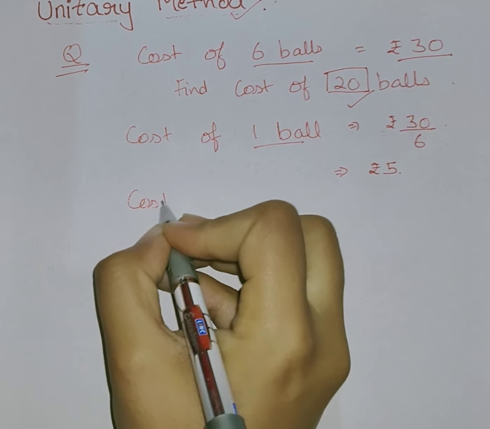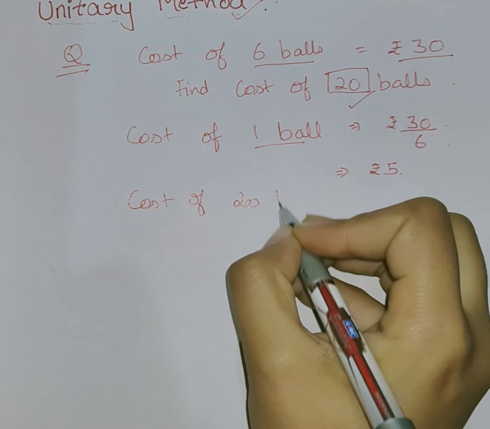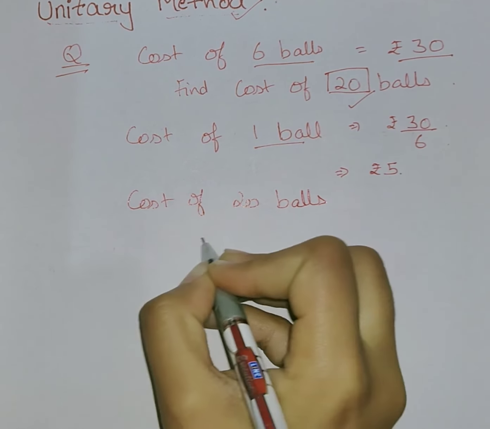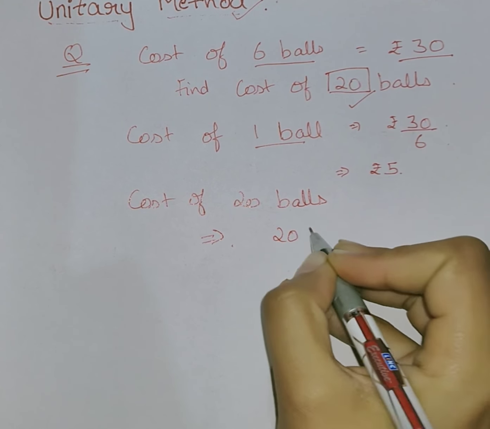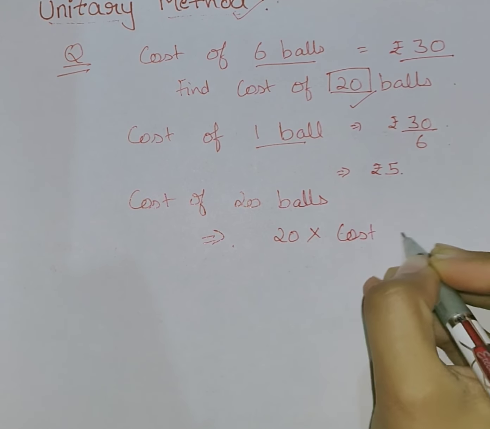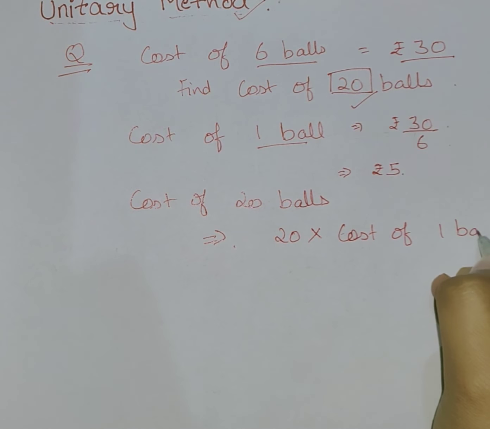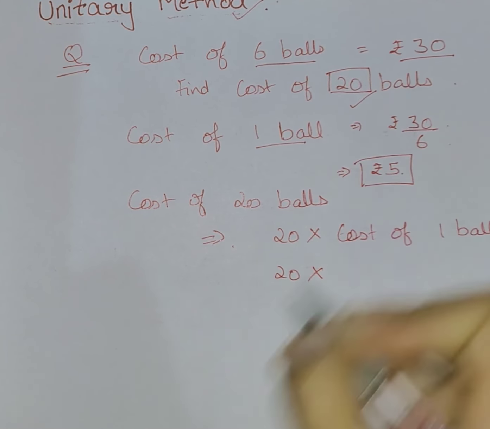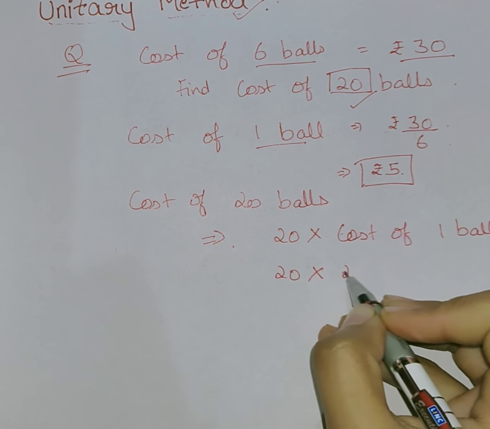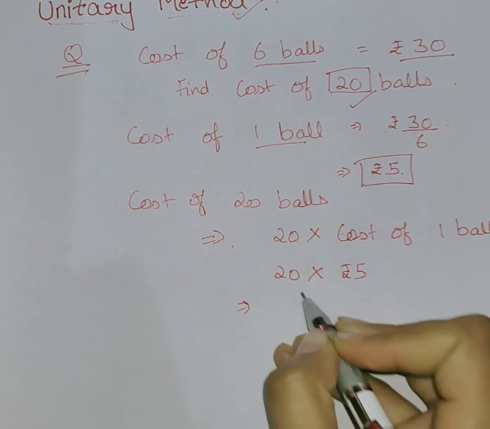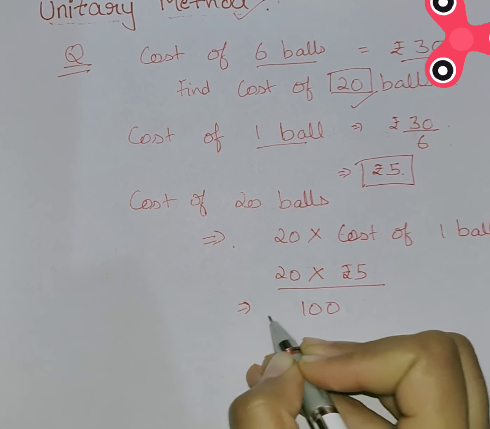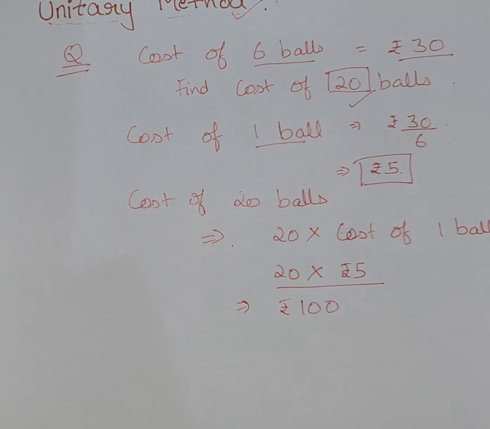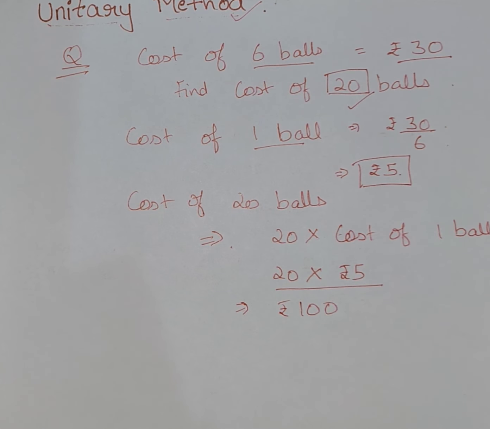So the cost of 20 balls will be equal to 20 into the cost of 1 ball. So 20 into rupees 5. When we multiply this, you will get 100. That is rupees 100 is the cost of 20 balls.